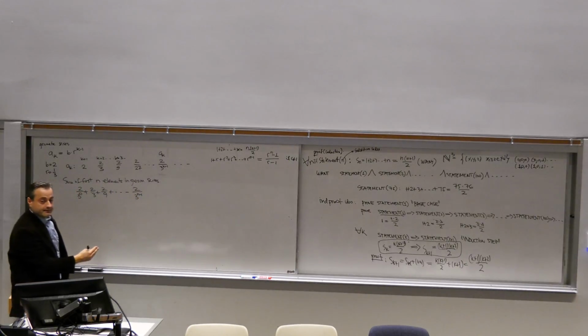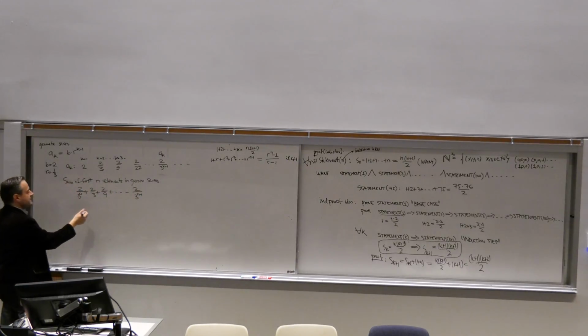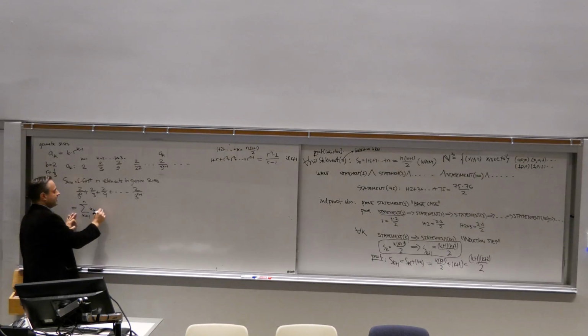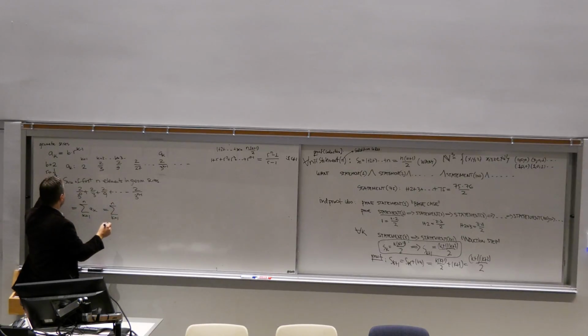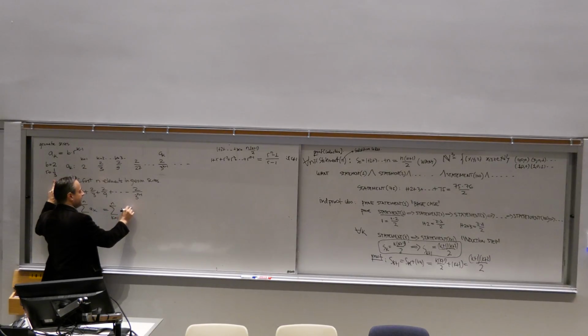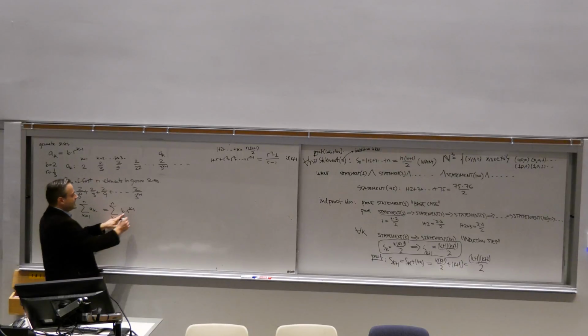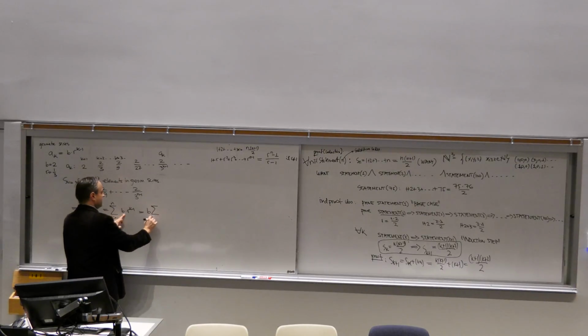If we knew that, this is very easy, because we call it the sum from k equal 1 to n of a_k. That's the sum of the first n elements. We know the generic form. The sum from k equal 1 to n of a_k is b times r to the k minus 1. Now b goes in front of the parenthesis here, the sum from k equal 1 to n of r to the k minus 1.